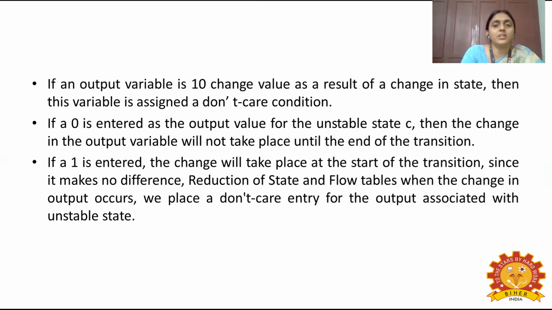If a 0 is entered as the output value for unstable state C, then the change in the output variable will not take place until the end of the transition. And if 1 is entered, the change will take place at the start of the transition, since it makes no difference at all. So in this reduction of state and flow tables, when a change in output occurs, we place a don't care entry for the output associated with the unstable state.